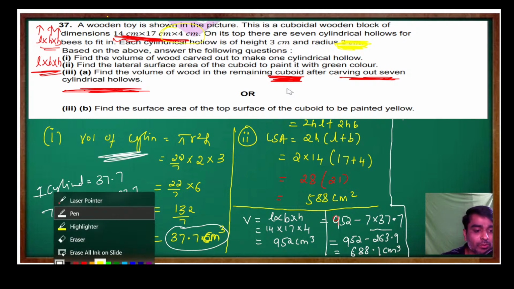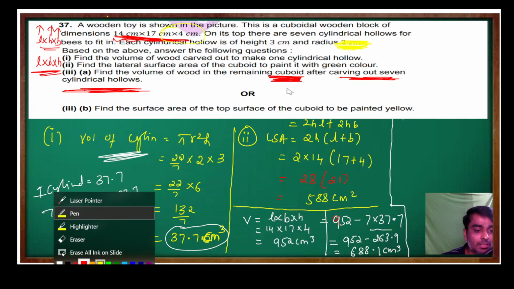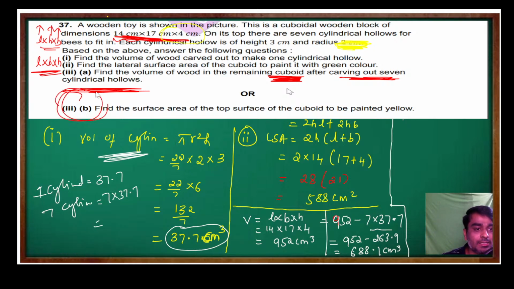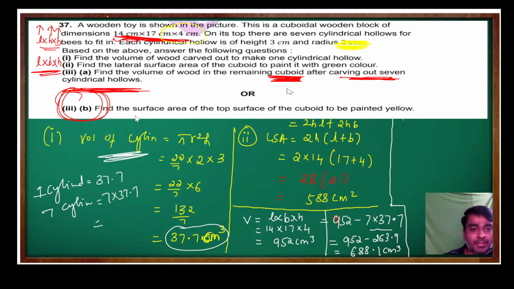Then this part also we will finish here only. The last part, this sub question. So that answer will be very simple. What they are asking, surface area they are asking. So third B, surface area.